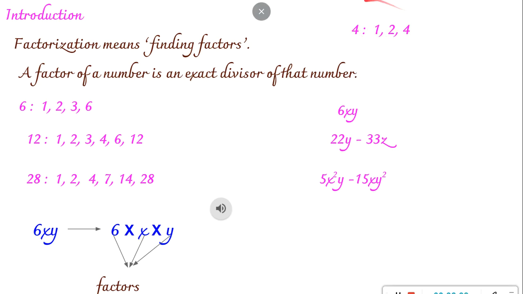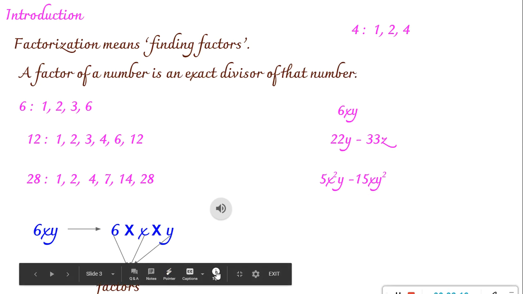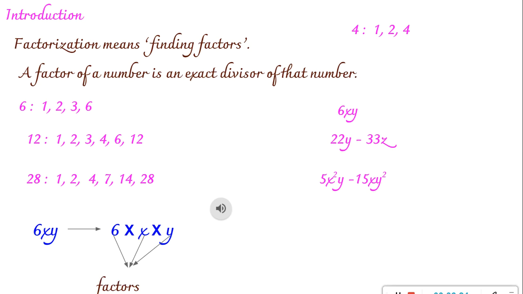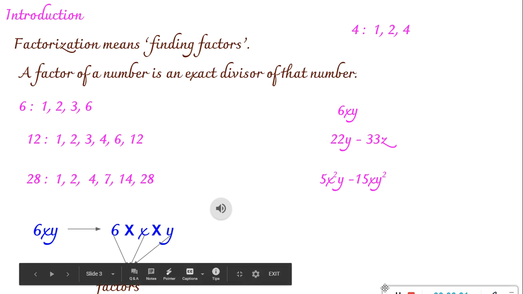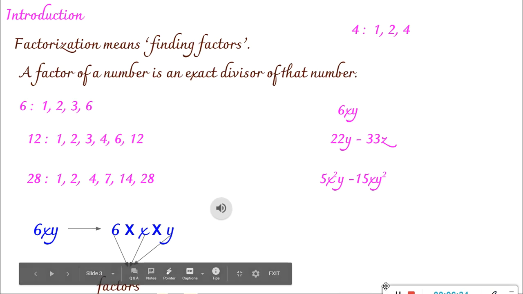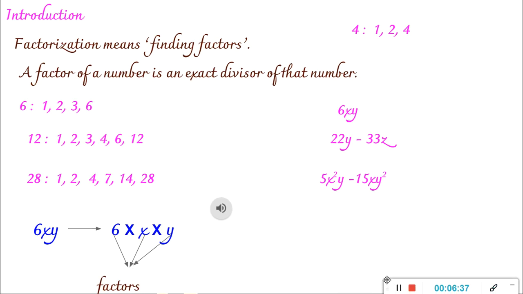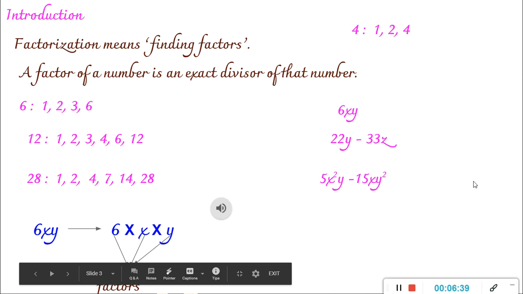So 1, 2, 4 are factors of 4 because you can write 4 as the product of those numbers, or in other words these numbers exactly divide 4. In this case also it is the same thing, whether we talk about 6 or x or y. Each of these exactly divides the given expression 6xy, right? So 6, x and y are the factors of 6xy.